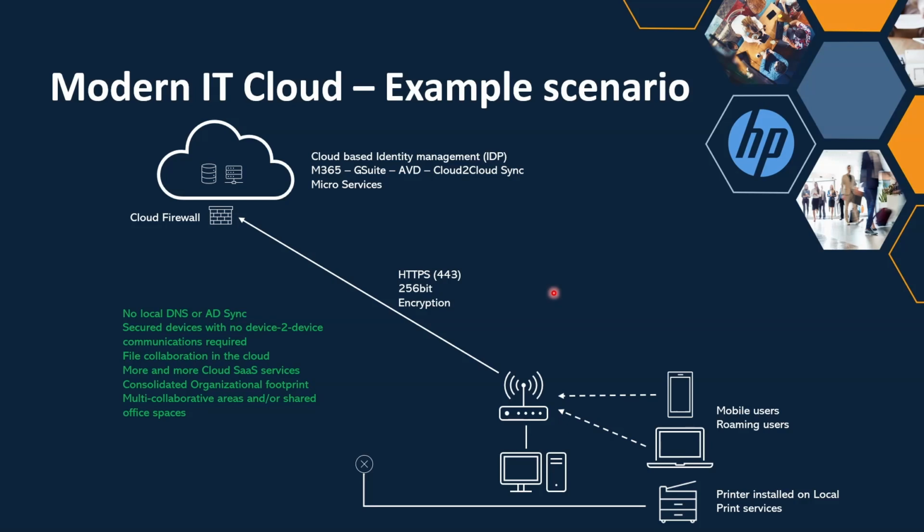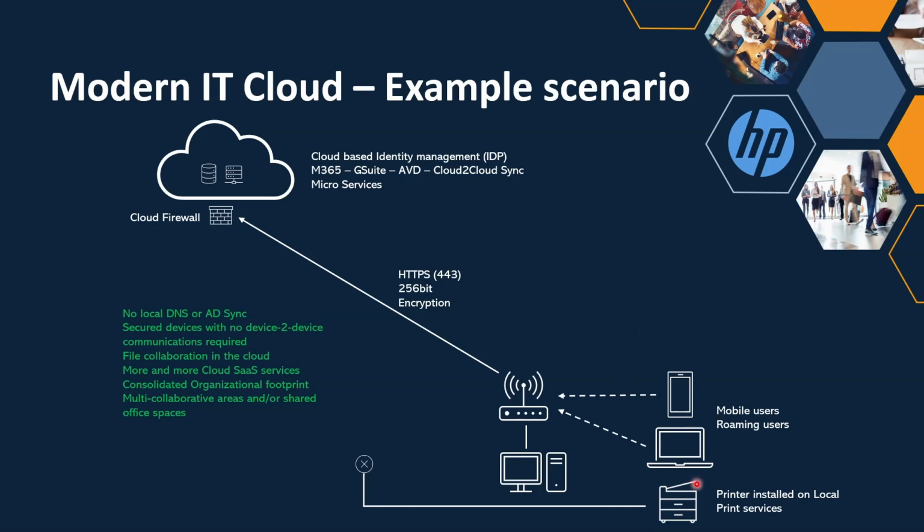We see it grow more and more, where businesses are consolidating their organizational footprints and even their physical real estate footprint to use collaborative areas, and more people work flexibly at home or remotely, and they come into these communal areas and access services and meet and greet. But it's very, very secure now because we no longer need that device-to-device communication line.